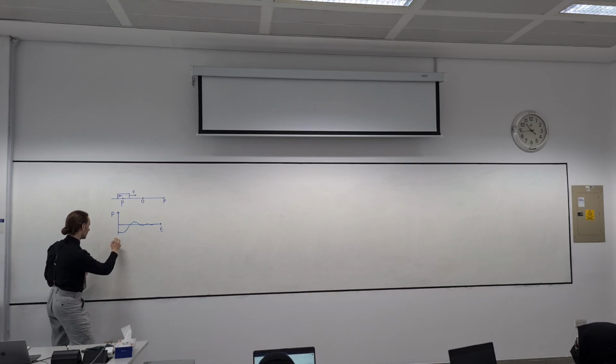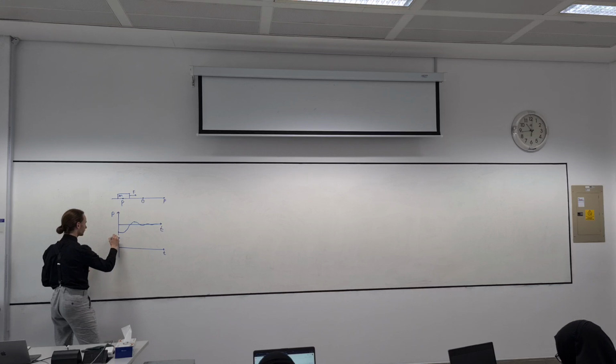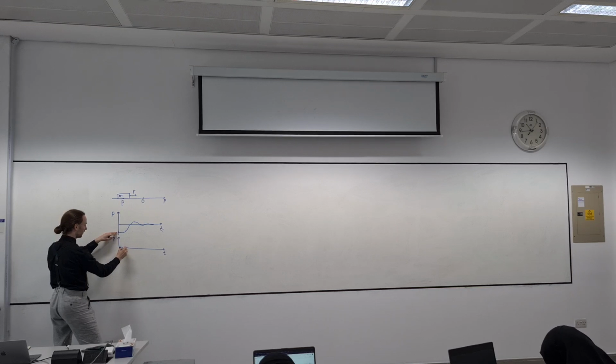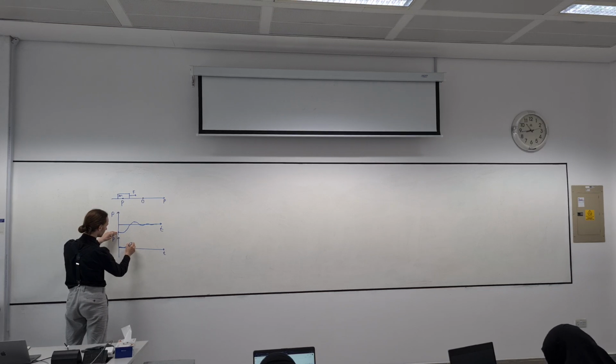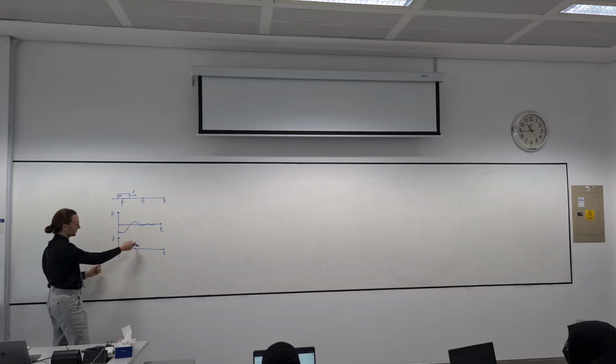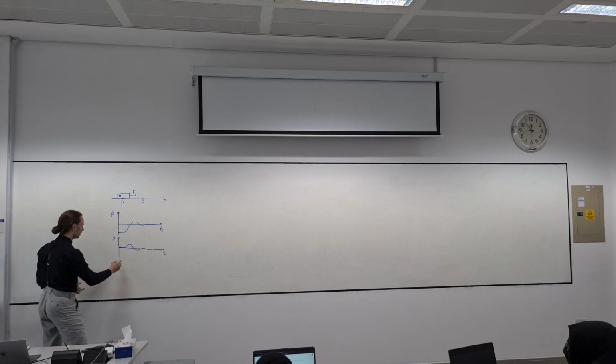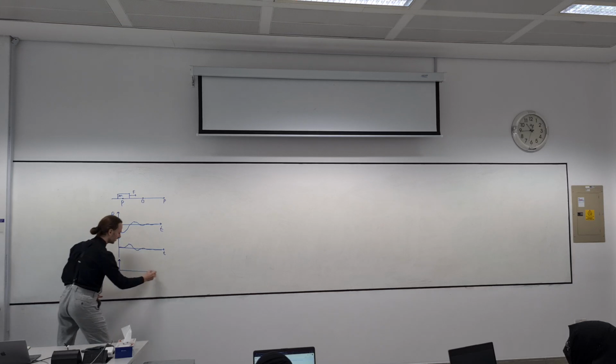The plot of the velocity will look something like this. In the beginning it's 0, 0, 0, 0, 0. It's increasing. Then it's decreasing, it's negative here. So just the derivative, right? Some kind of plot of the velocity. And the control will be yet another plot.